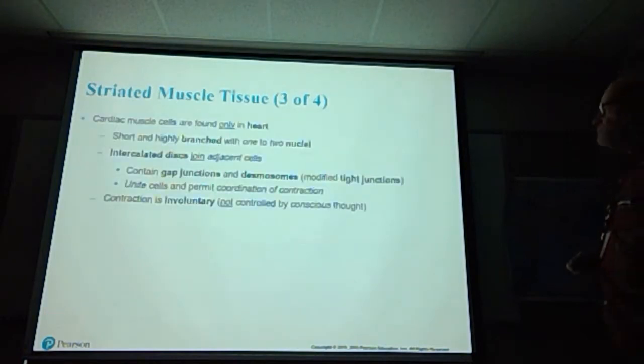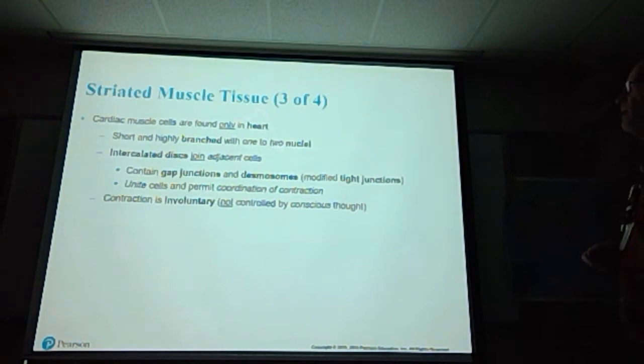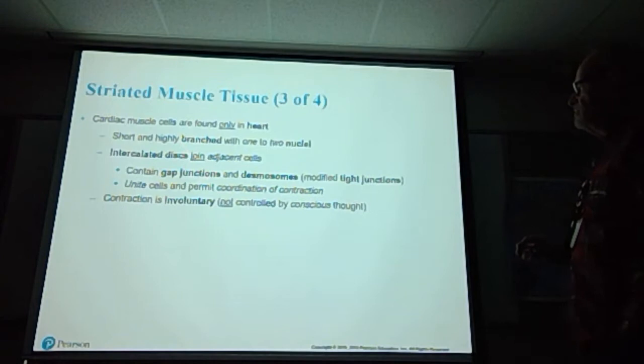Cardiac muscles are found only in the heart. They are short and highly branched with one and at most two nuclei. They have a structure called an intercalated disc that joins adjacent cells to each other. They contain gap junctions and desmosomes, which are modified tight junctions.